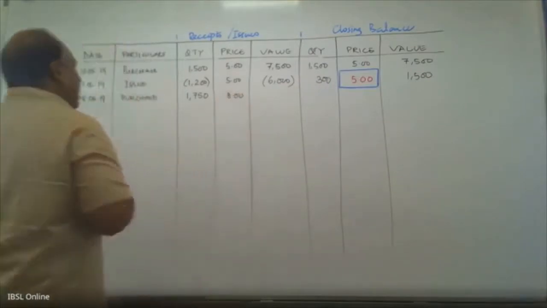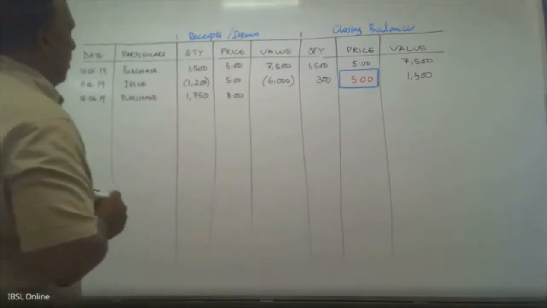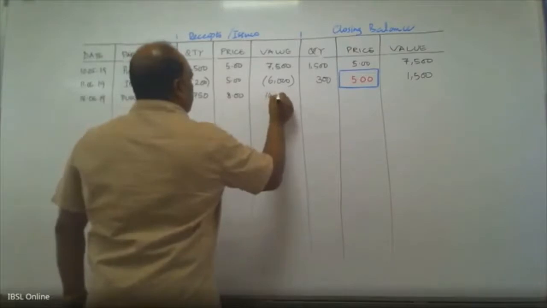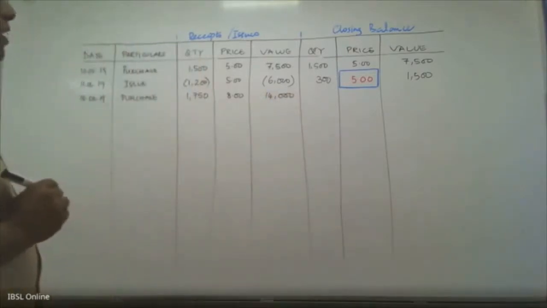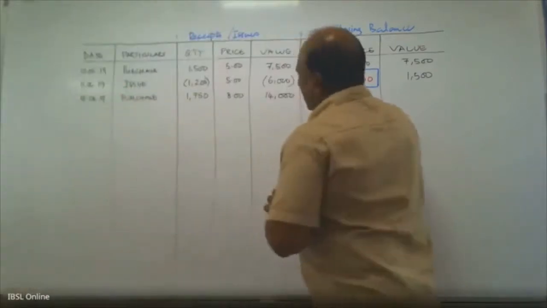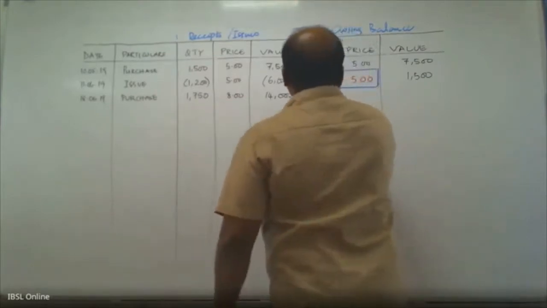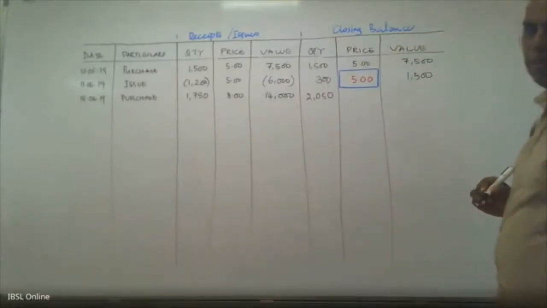So which will make you 14,000. Okay. Now see what is going to happen. 300 units plus 1,750 will give you 2,050 units. Am I correct? 2,050 units. Yes, sir.